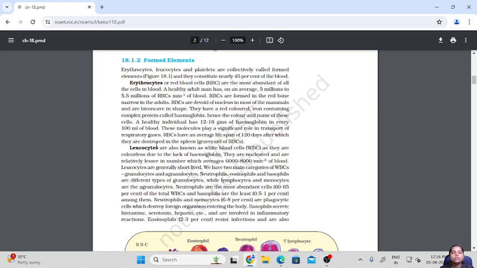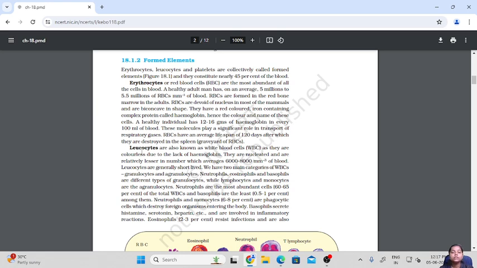What are erythrocytes? Erythrocytes, or red blood cells, are the most abundant of all the cells in the blood. A healthy adult has on average 5 to 5.5 million RBCs per cubic millimeter of blood.